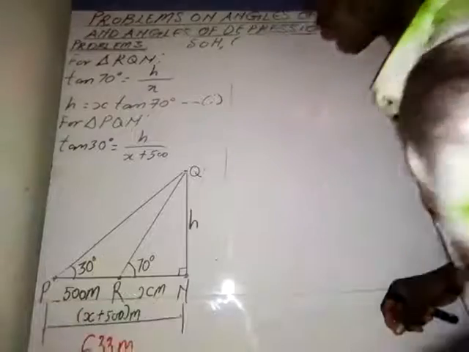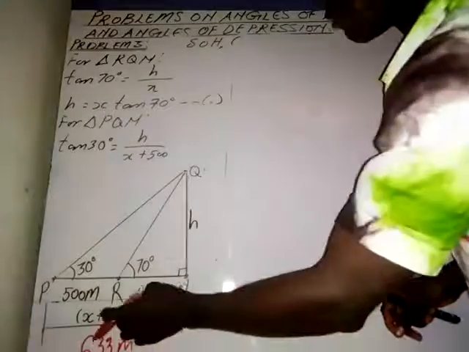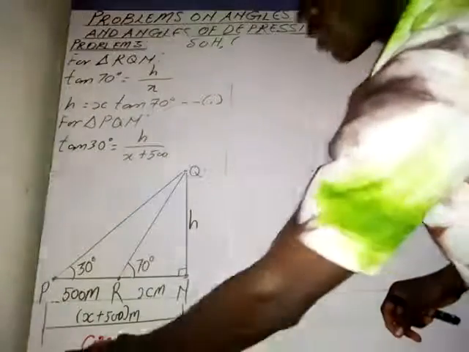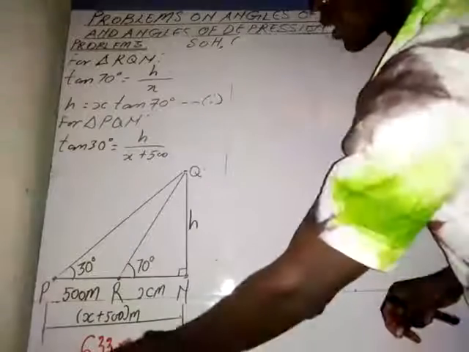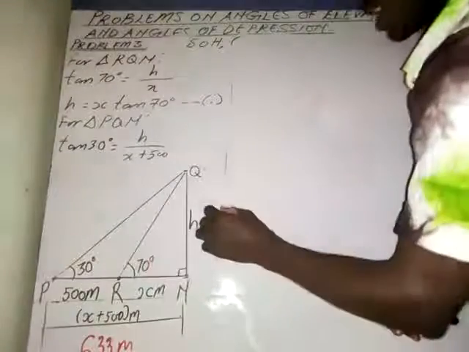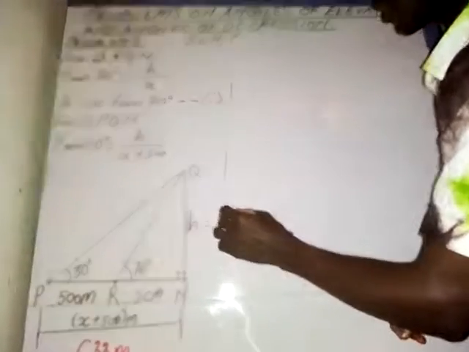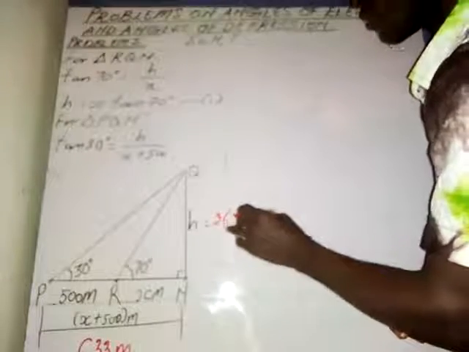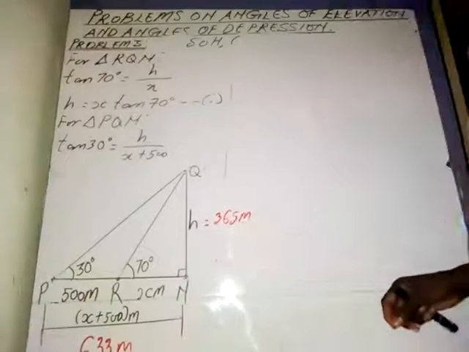Why? X is 133. So 133 plus 500 will give us 633 meters. So we have the adjacent, and here we have this to be 365 meters.